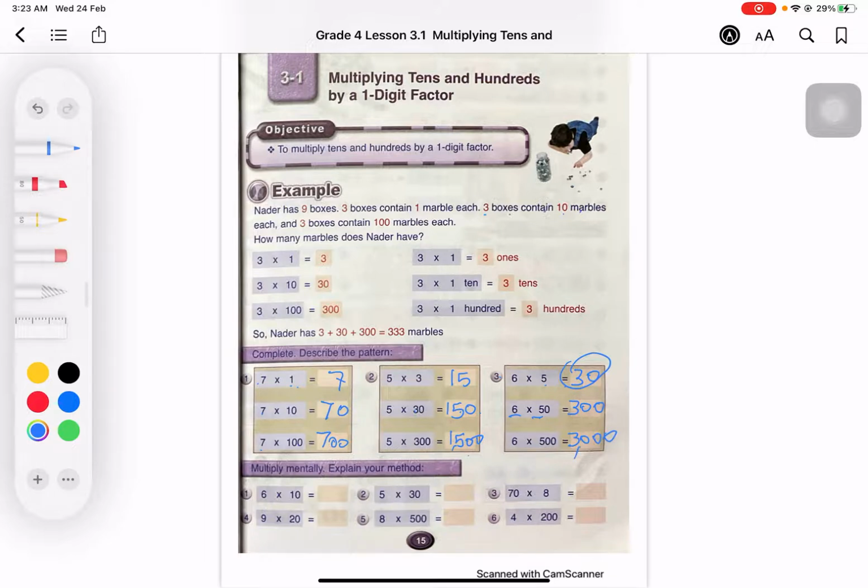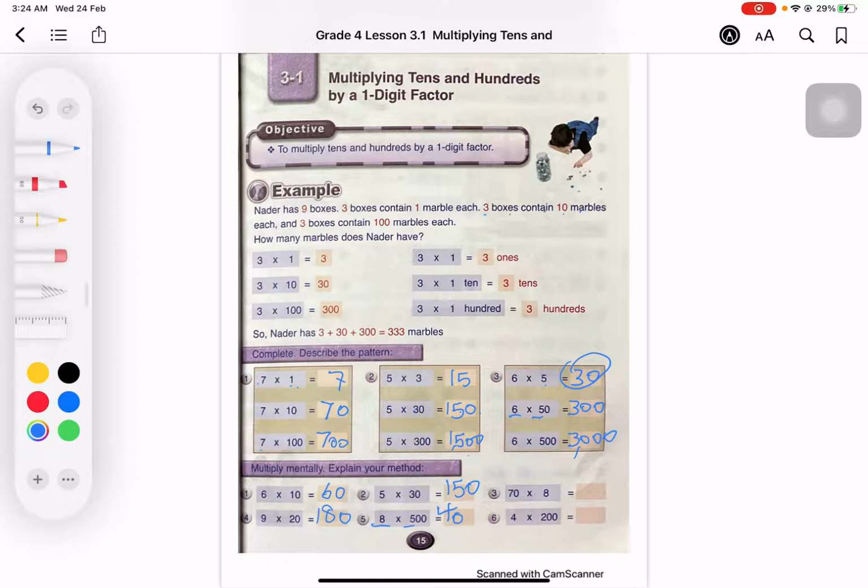Now, here, they said multiply mentally, explain your method. What is the meaning of explain my method? It means how you solve it. You are going to go to the basic fact. My basic fact is 6 by 1, 6, drop the 0. 9 by 2, 18, and drop the 0. 5 by 3, 15, and drop the 0. 8 by 5, now this is a little bit confusing. 8 by 5 is 40.